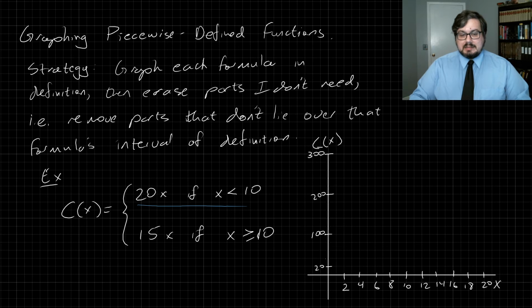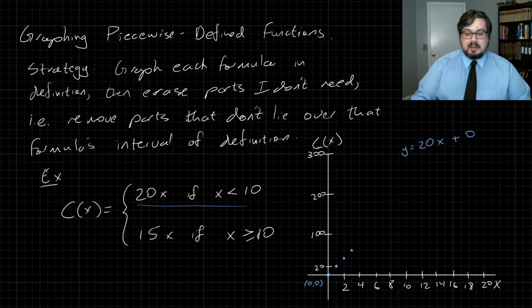And so I see that the graph of y equals 20x has a y-intercept of 0, because we could write this as y equals 20x plus 0, and a slope of 20. So if I start here at the point 0, 0, that's the y-intercept, and then to get to the next point, I will go over by 1 and up by 20. That'll give me a slope of 20, over by 1, up by 20, over by 1, up by 20, and I'll get this line right here.